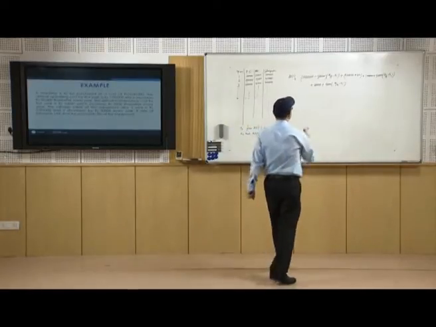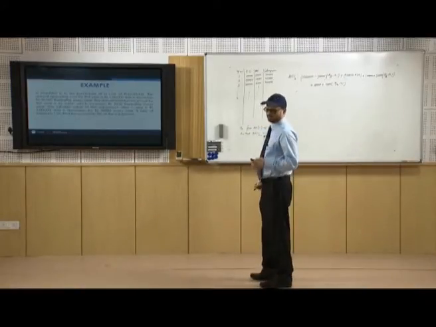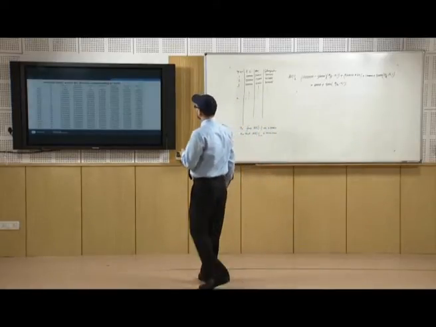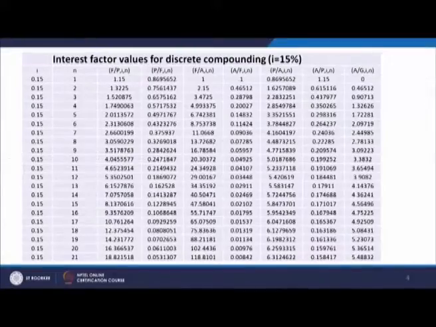Now, to find it, we have to refer to the interest table of 15%, A by P 15,1. So, A by P 15,1 is 1.15. So, it will be 1.15.